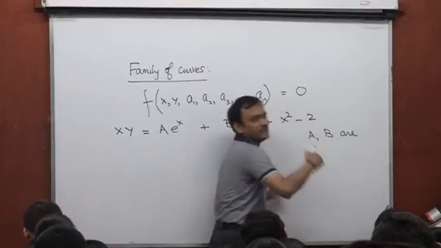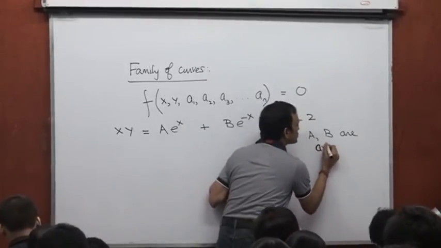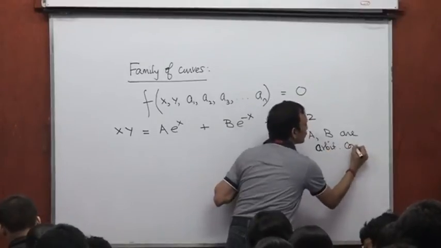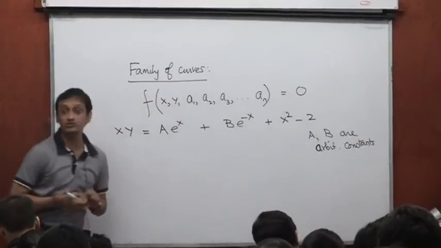Somebody would have to tell you that they are arbitrary constants. So a and b are arbitrary constants.